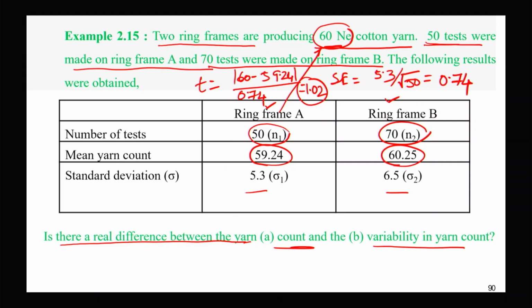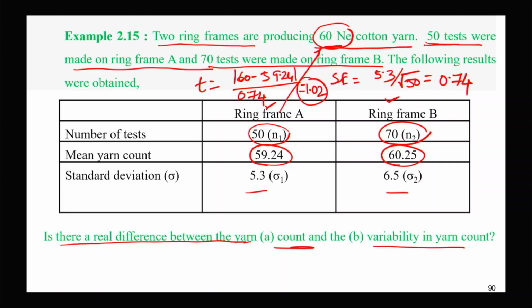We have taken a random sample of 50 bobbins and tested the yarn count. The target is 60 count, and 59.24 is a little bit coarser.